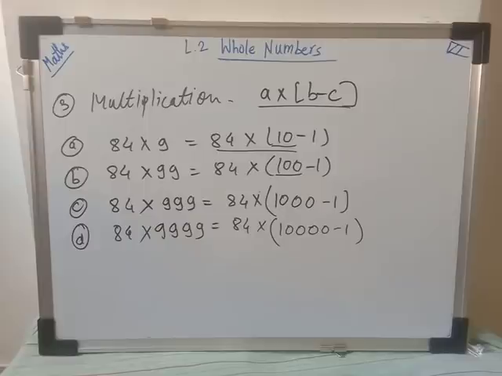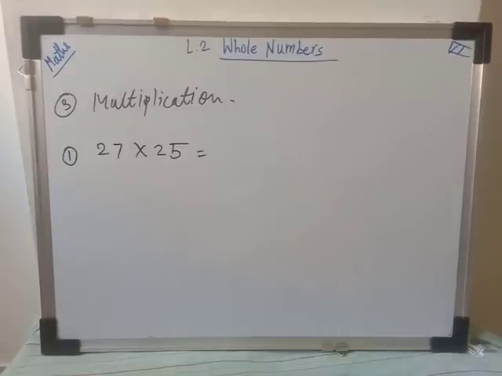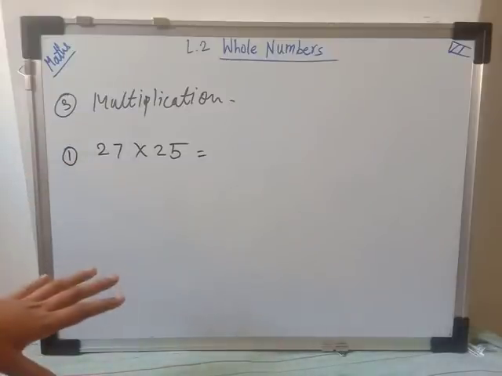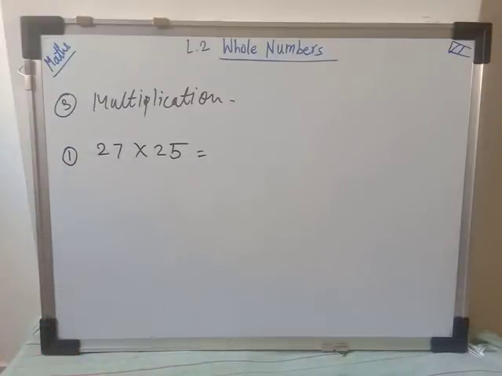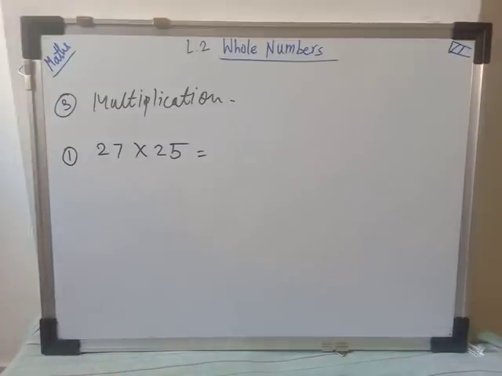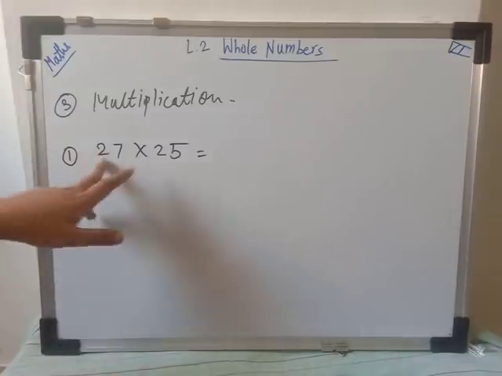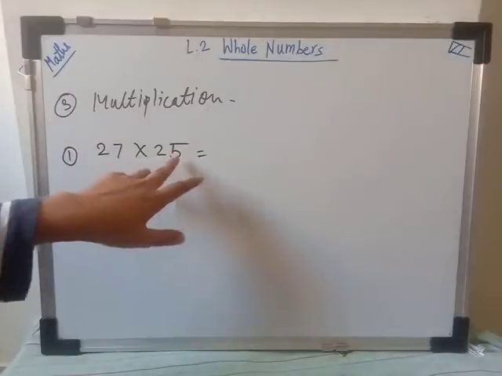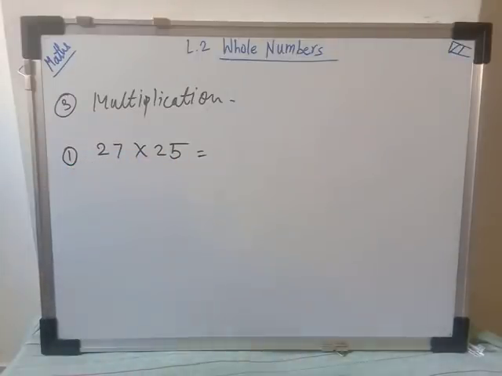Where we are going to do the division also. So the next example, here we are going to make one such pattern where we are going to add the division also. Now 27 and 25, both numbers are directly divisible by other numbers.